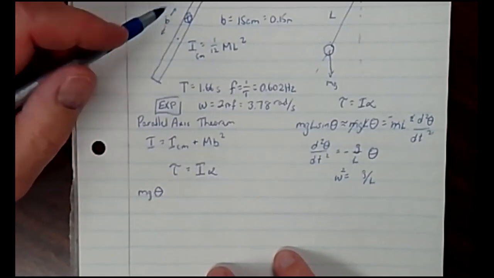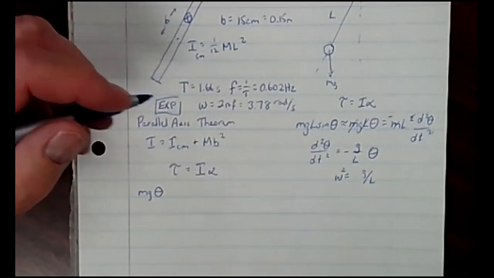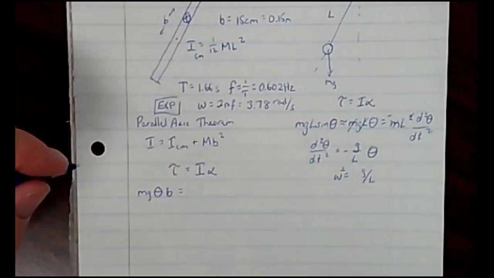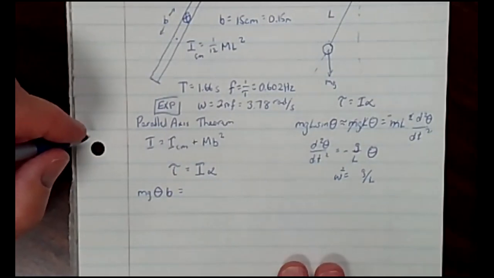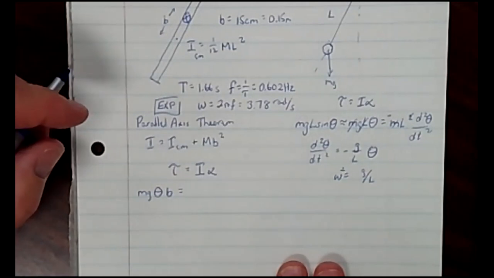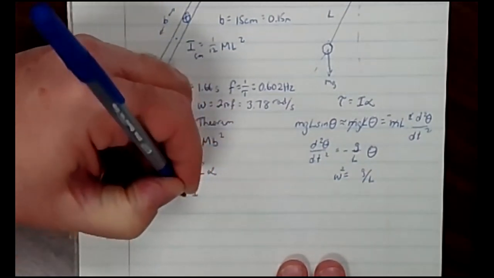So that's just going to be B. Now on the other side of the equation, I'm going to have I, and there'll be a minus sign here.